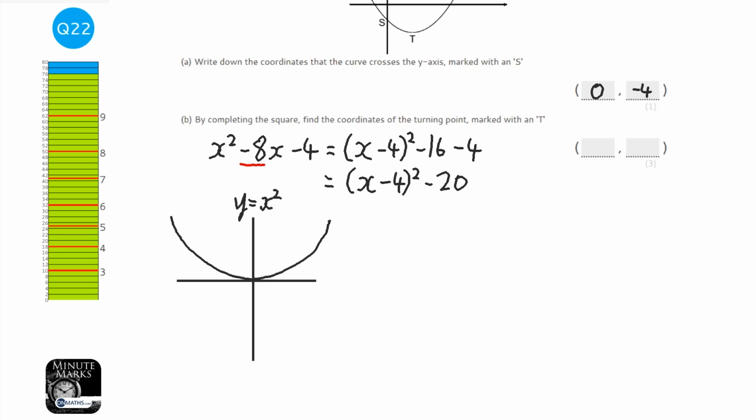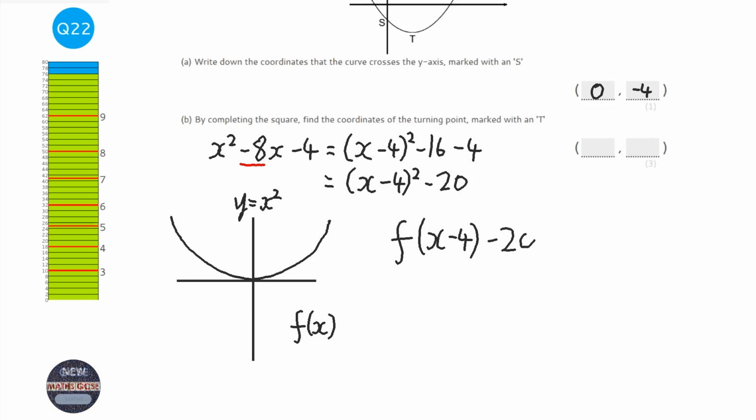If you think about that function as f of x, then what's happened between that and the one we've just created? In terms of f of x, this one is f, where the function is squaring, of x minus 4, squared, take away 20.